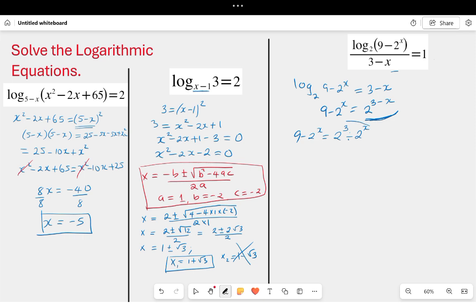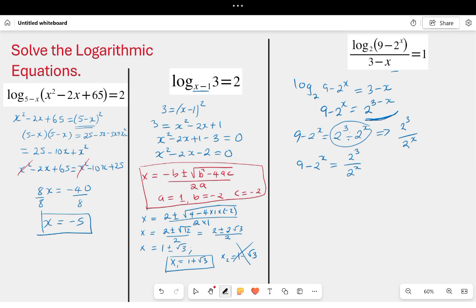This one can further be written as 2 to power 3 divided by 2 to power x. Very important for us. Now, therefore, we are going to rewrite this equation as 9 minus 2 to power x is equals to 2 to power 3 divided by 2 to power x.